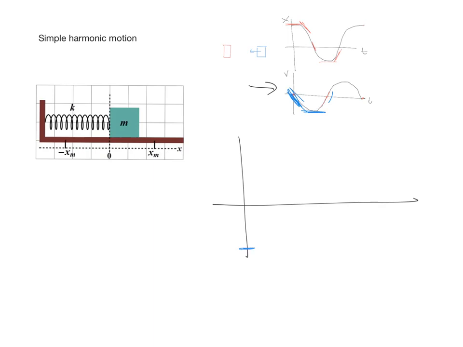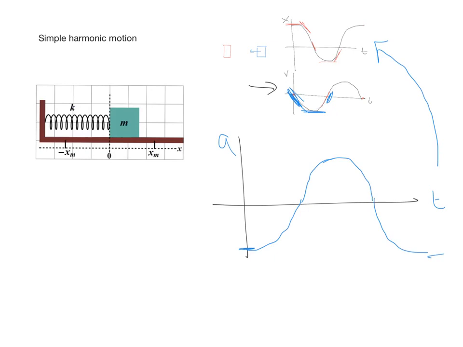So it's going to start at the biggest negative value, go to 0, reach its biggest positive, go to 0. And if we look, the acceleration graph is just the opposite of the position-time graph.